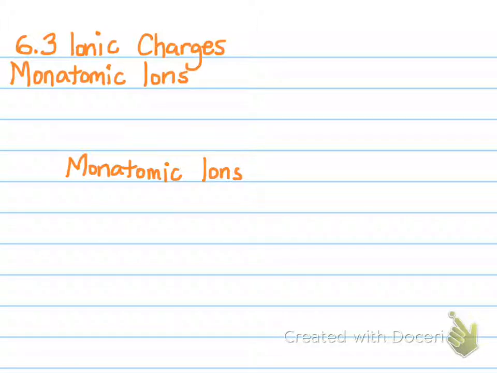So the title of this section is Ionic Charges, and we're going to start by talking about monatomic ions. Remember, monatomic means one atom. So monatomic ions are going to be ions that are formed of a single atom.